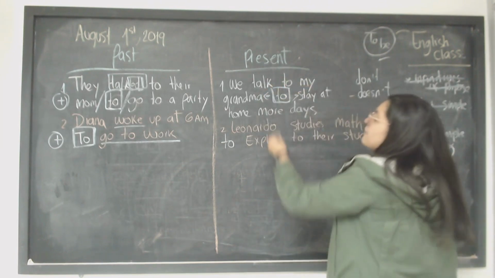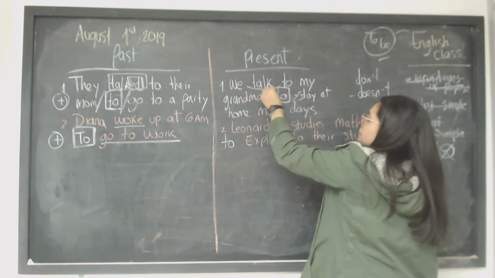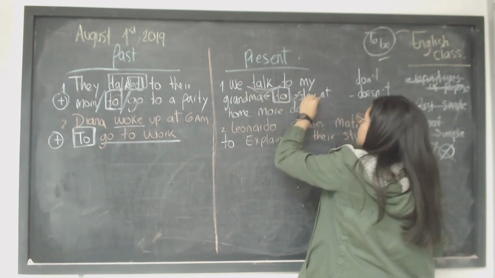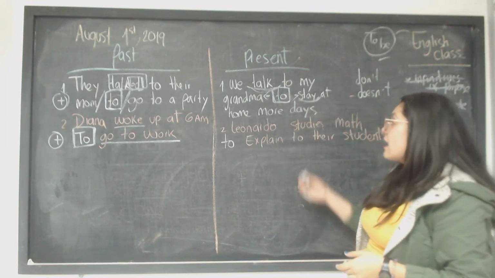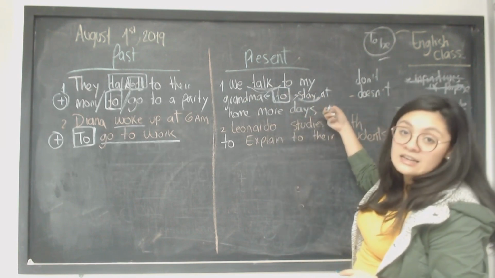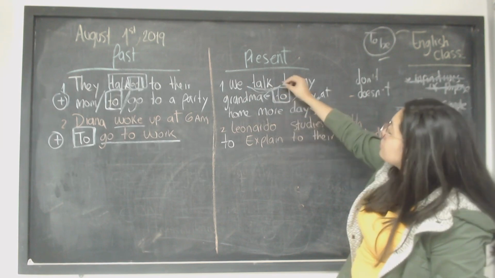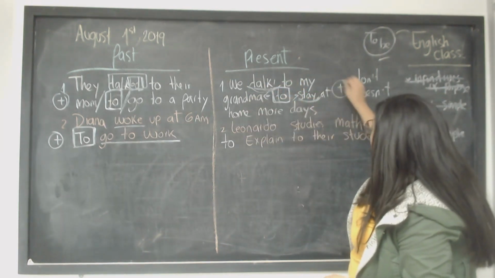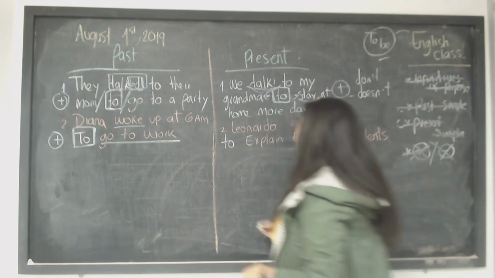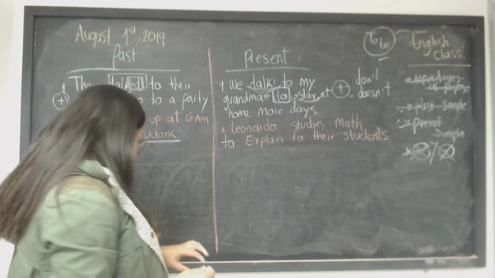So we have a verb, tenemos un verbo, second, two verbs, and to stay at home more days. Se querían quedar en la casa de la abuela más días, por eso les tocó hablar con ella. Okay? Also, it is a positive one. Okay? También es un positivo del infinitivo del propósito.